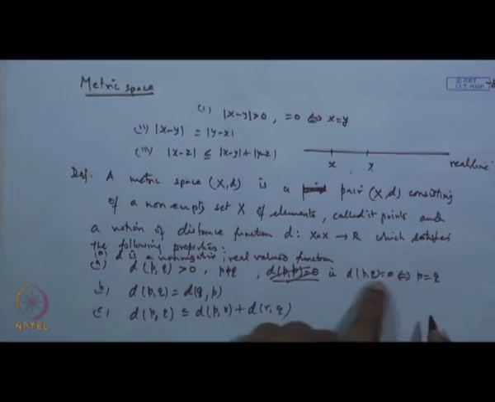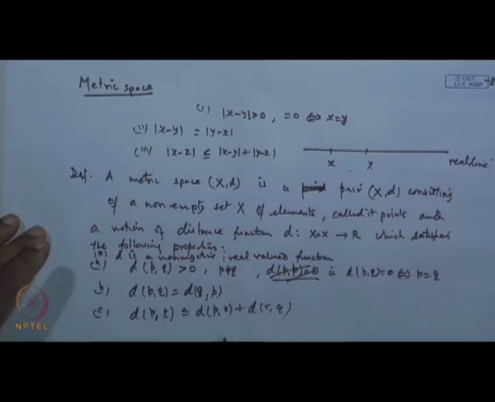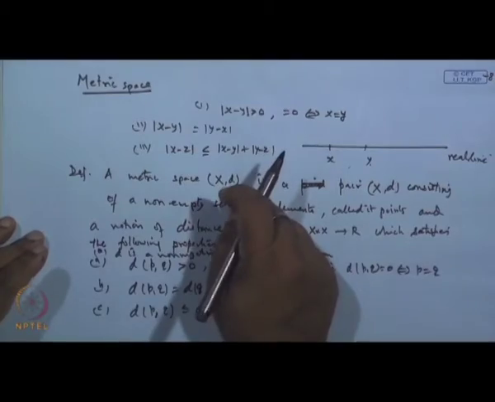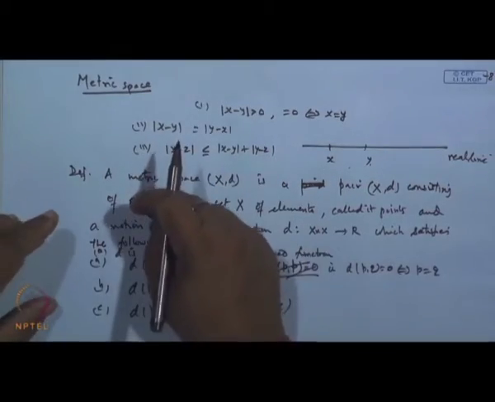When p and q are identical, the distance is 0 and vice versa. So, if these properties are satisfied, then we say this set X together with the notion of distance forms a metric space.